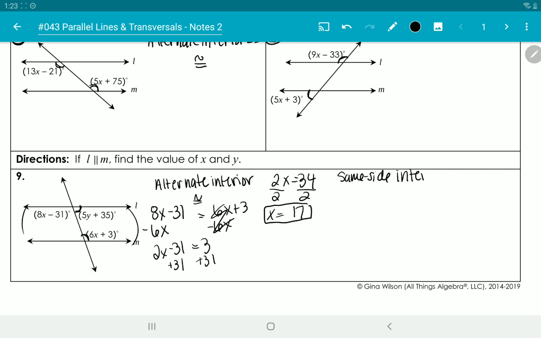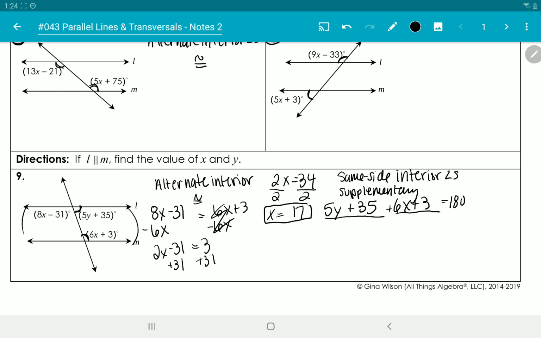So they're same side interior angles, which means they are supplementary. Okay, so we are going to have blank plus blank equals 180. I'm going to do the other one first. It doesn't really matter, but this 5y plus 35 plus 6x plus 3.